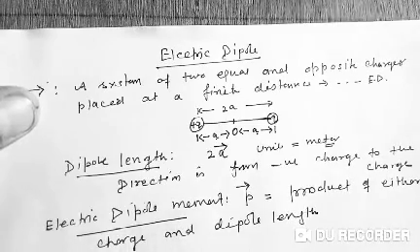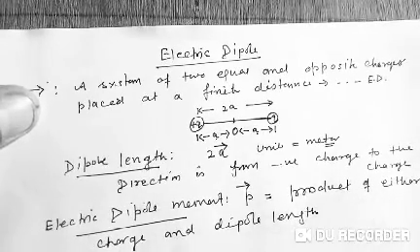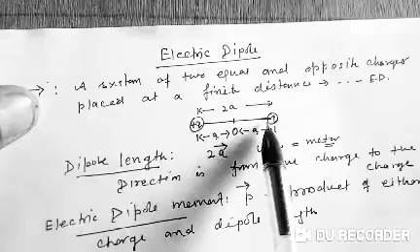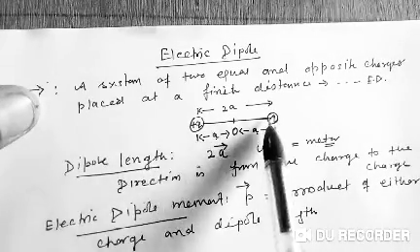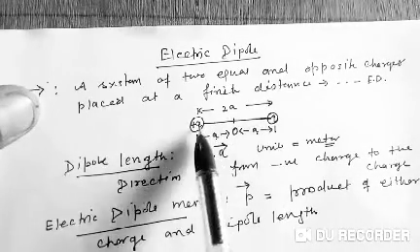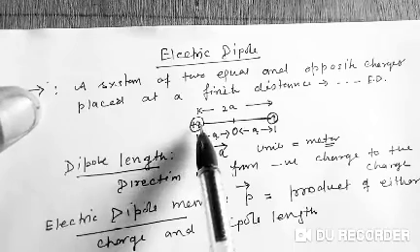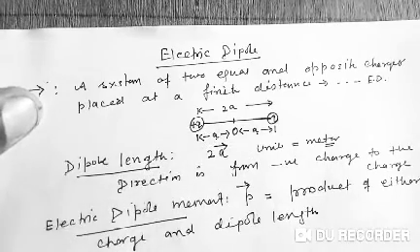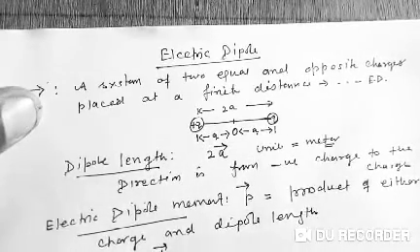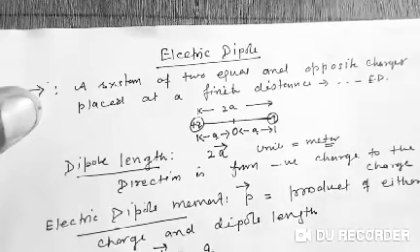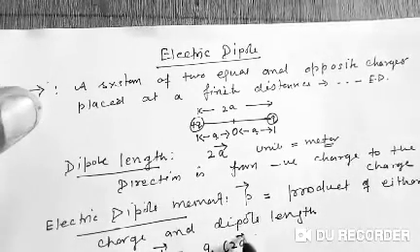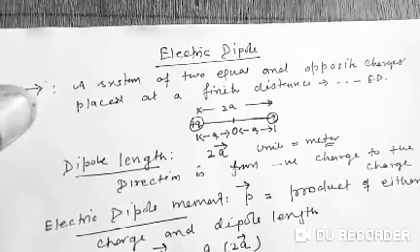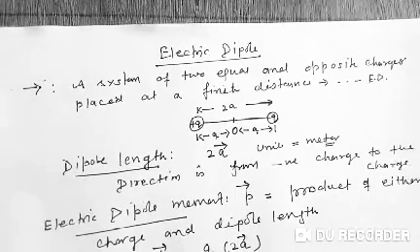Either charge means either charge of the dipole. You can take plus q or minus q, but in magnitude we will take it as only q. Both are equal charges. So how will we represent it mathematically? p equals q into 2a. In this way you can represent the electric dipole moment.